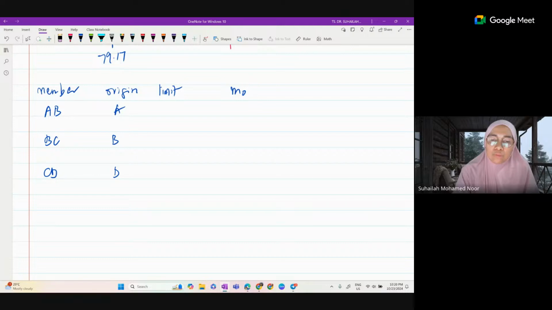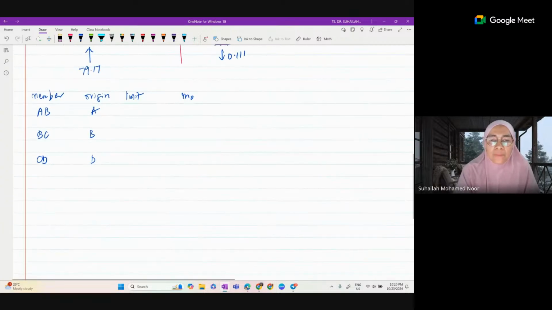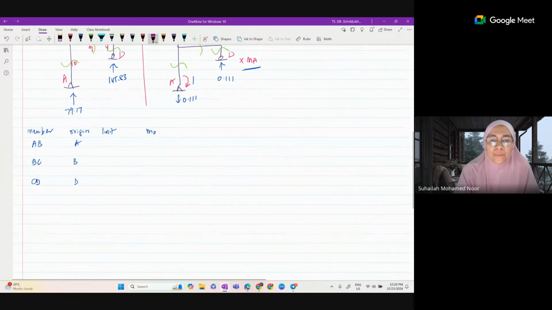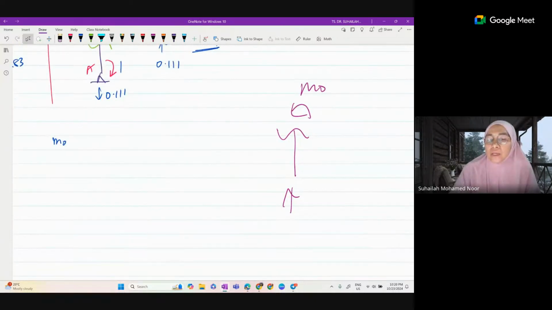So even though you don't need to actually show the moment equation for the cutting section, but for you to practice, just draw the diagram. So for AB, origin A, this is for M naught. 79.17.